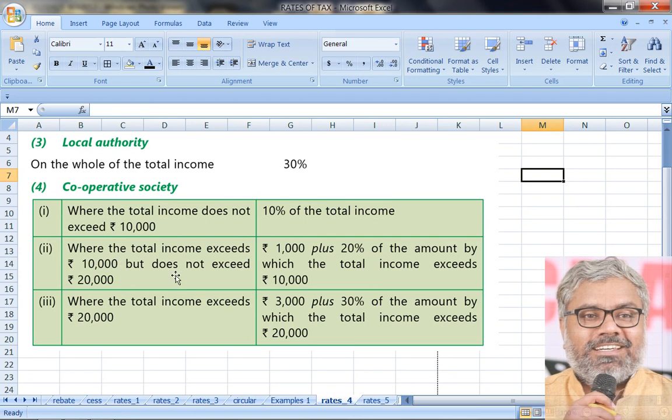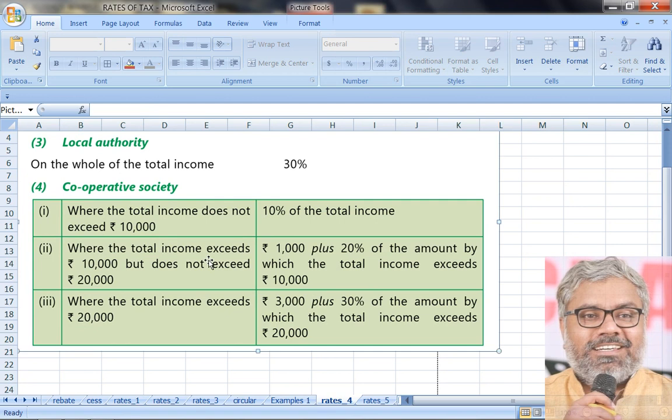Second slab, where the total income exceeds 10,000 but does not exceed 20,000. So exceeds 10,000, so first slab 10,000 into 10% will anyway be there, that is 1,000, plus 20% of the amount by which the total income exceeds 10,000 rupees. So income minus 10,000 into 20% plus 1,000. That is the calculation in case of a cooperative society.